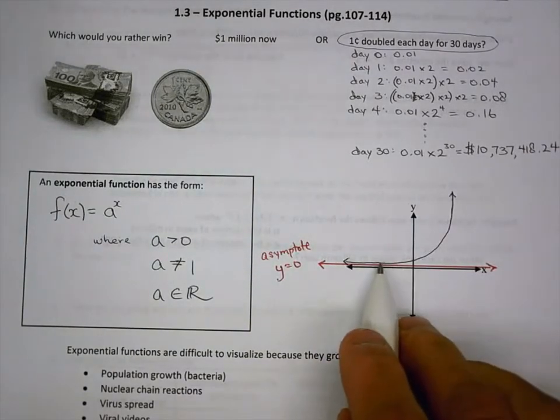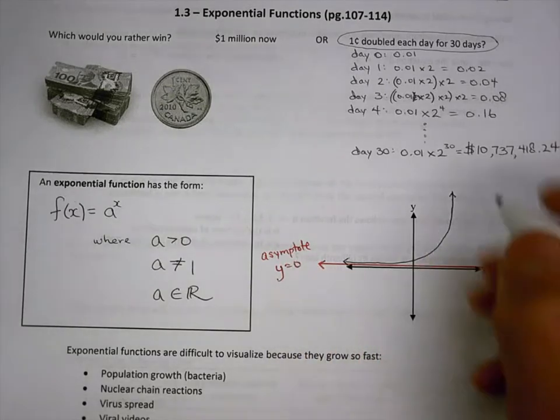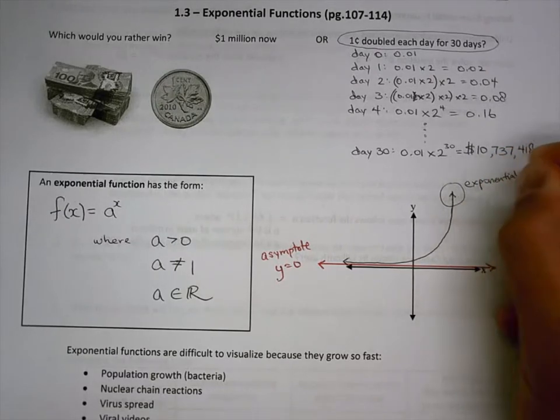So as I go, it never actually reaches 0. It gets very, very close. In the positive direction, this is exponential growth.